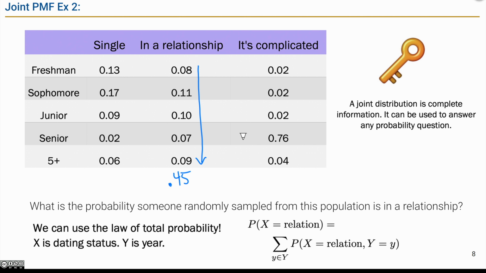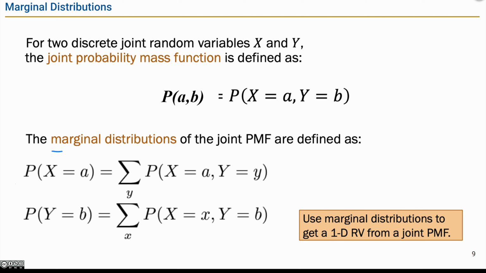And I could go this way along the table, calculate that sum. So actually using this joint probability mass function, I can also get the probabilities of the individual random variables. And those are called the marginal distributions. Mainly because, as you noticed, as I started to do that in the table, I was writing those summed out probabilities in the margins.